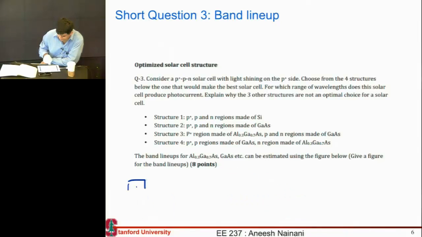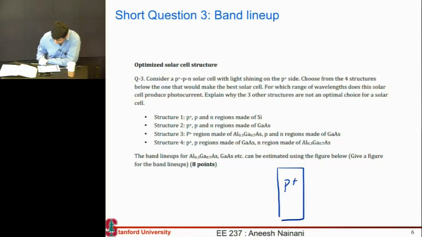Let's say I have this kind of lineup where my P plus material is like this and my N material is like this. So when I line up and form a junction, it would look something like this.